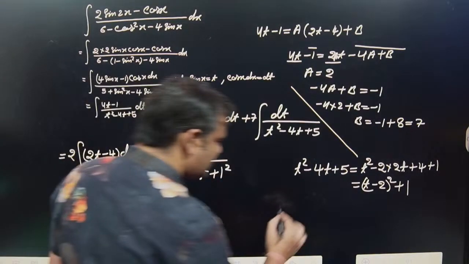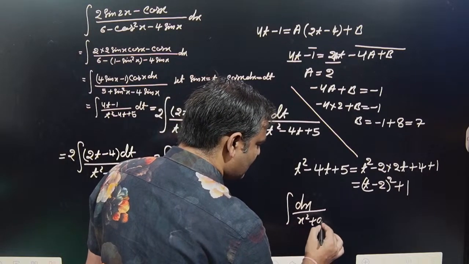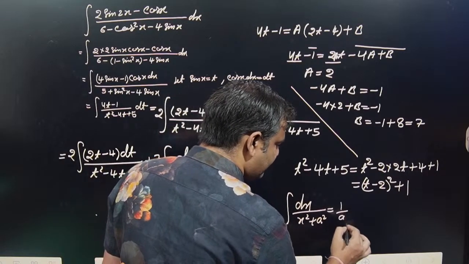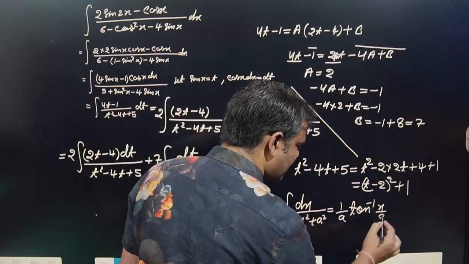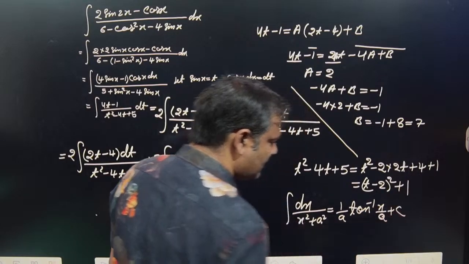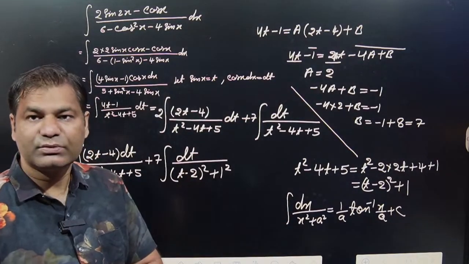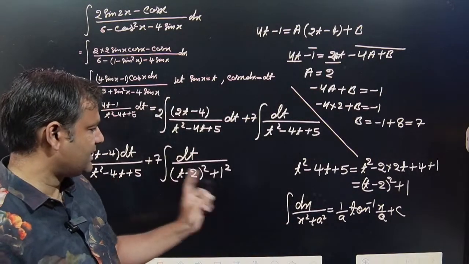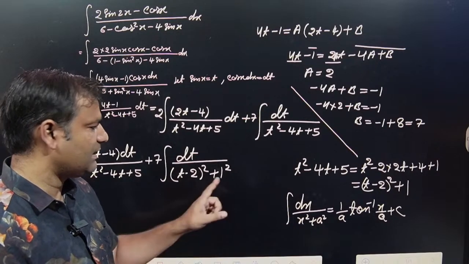I know that integration of dx divided by (x square plus a square) is 1 by a into tan inverse x upon a plus c. So basically x is replaced by t minus 2. If you compare this formula, simply x is basically t minus 2, and a is 1.